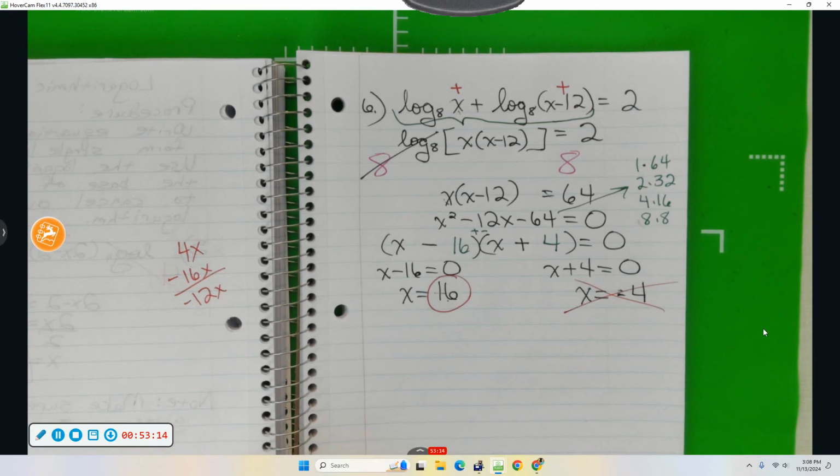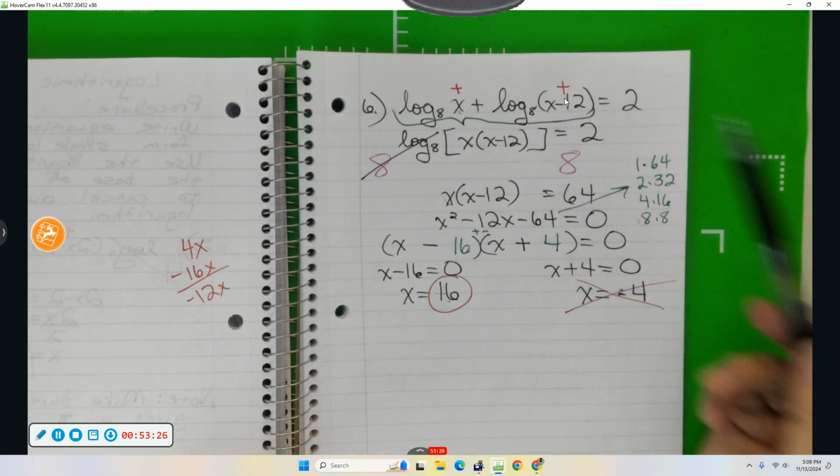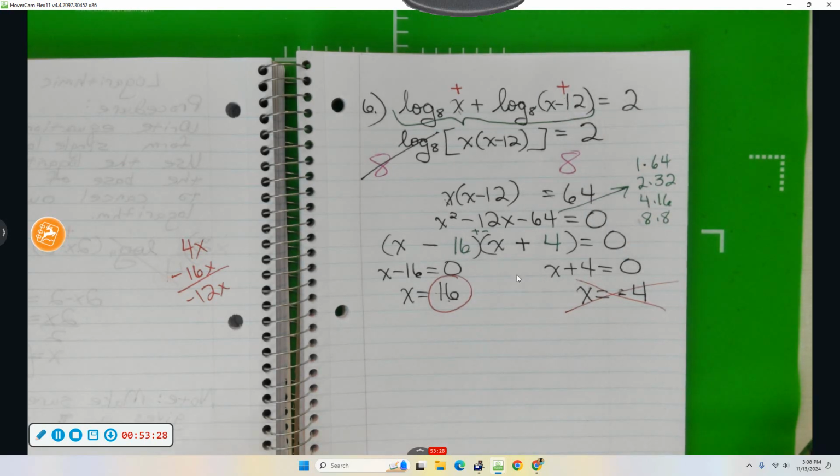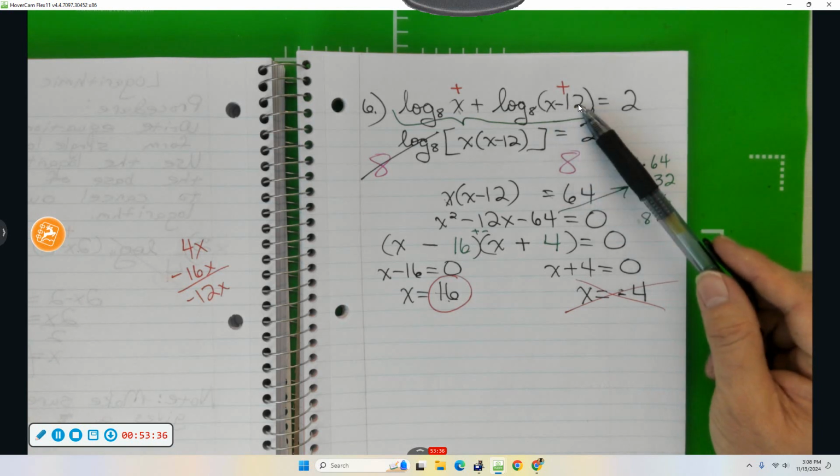Discard negative 4. Suppose we'd gotten x equals 2. Would 2 have been okay? Would here, but what about there? Sometimes students decide, oh, what he's saying is mark out the negatives and keep the positive. No, no, no. You could wind up with x equals 2. 2 minus 12.